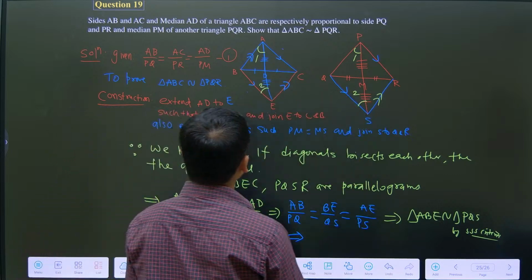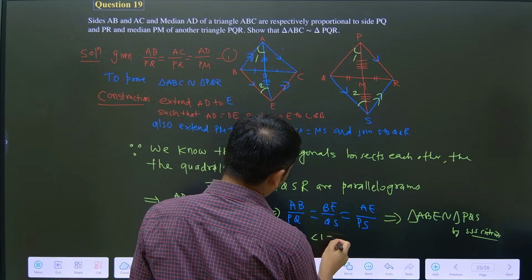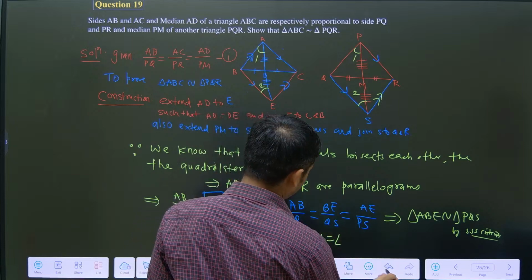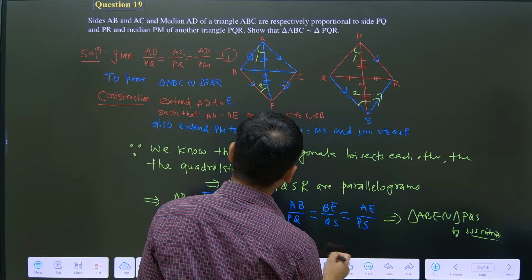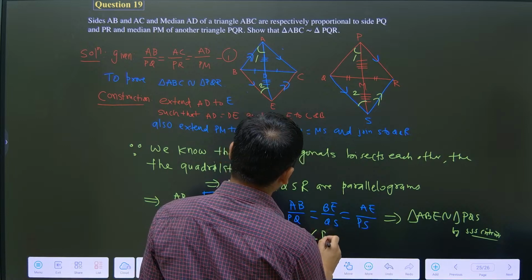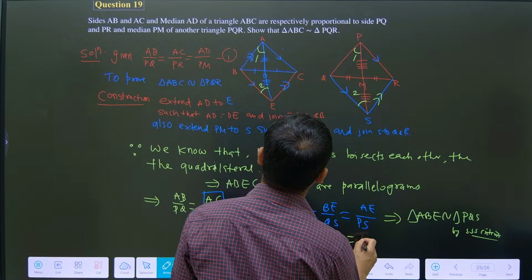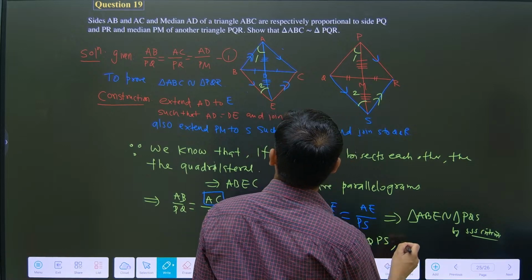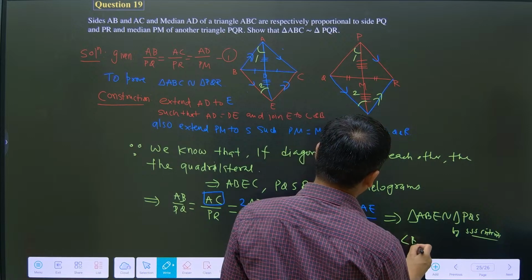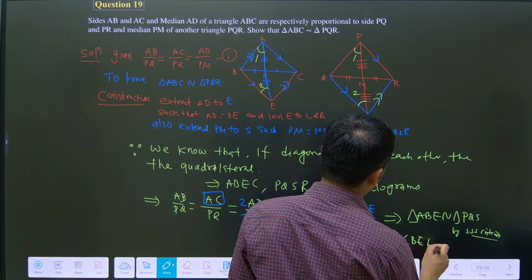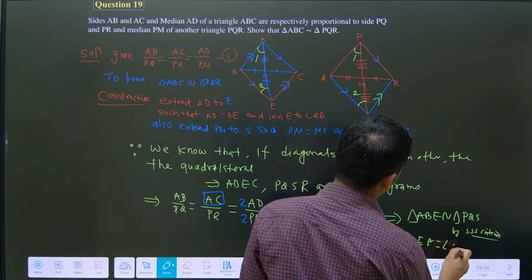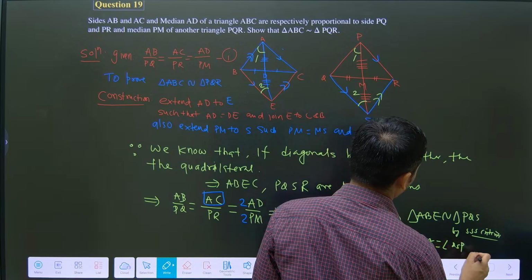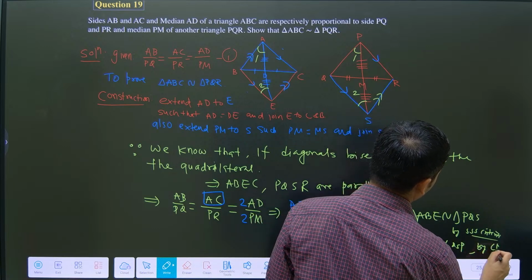So that means angle 1, angle BAE, is equal to angle QPS, and even you can say angle BEA is equal to angle QSP by CPST.